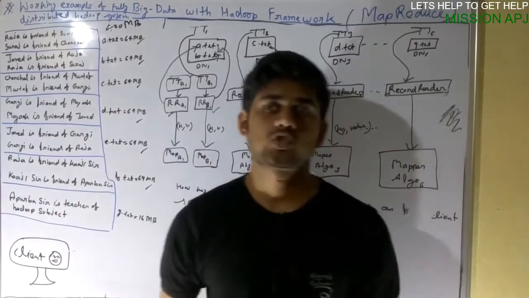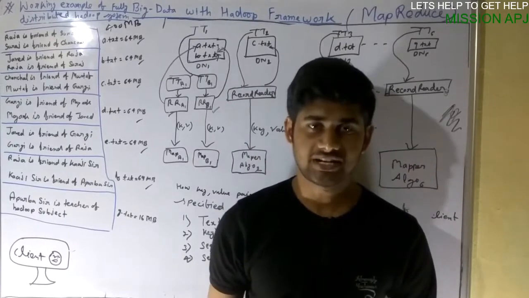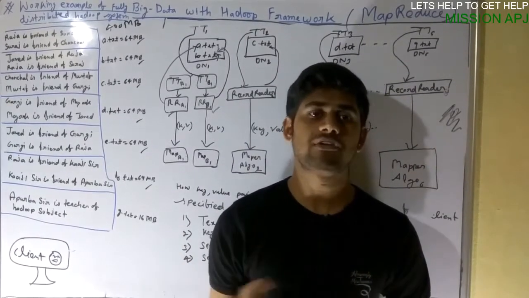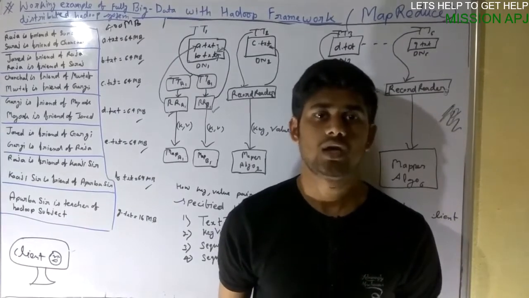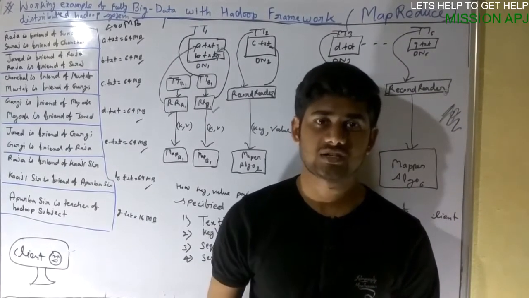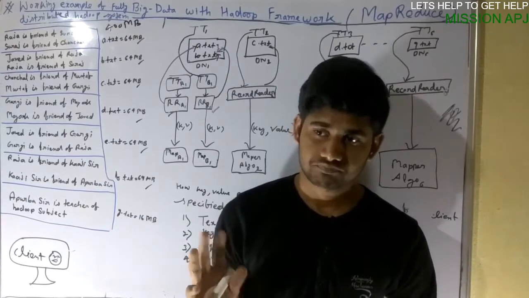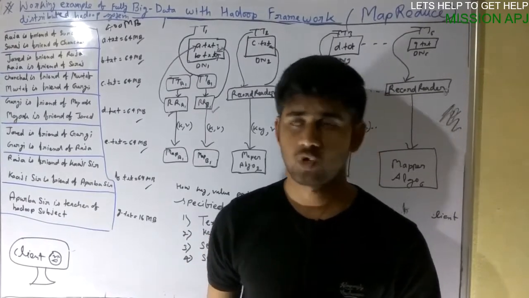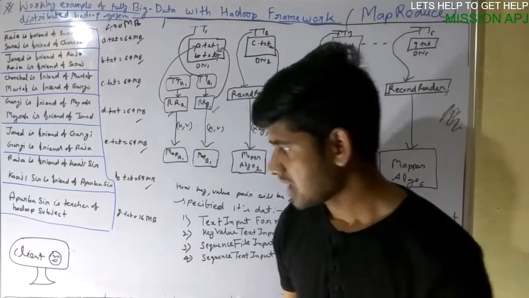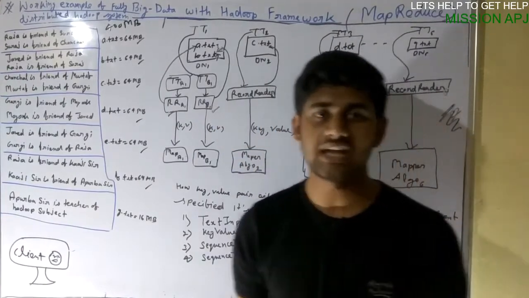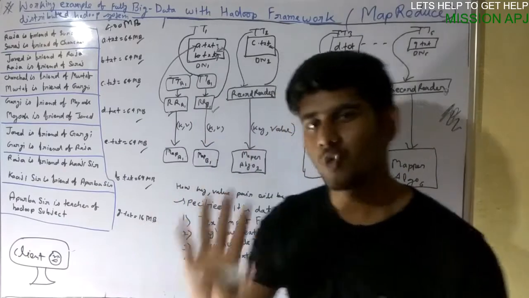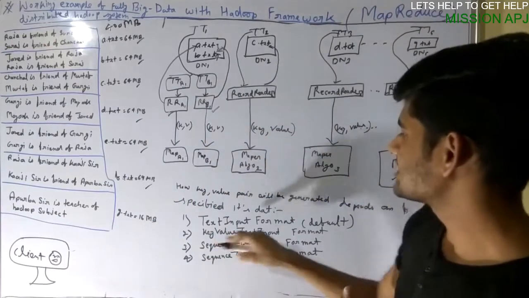Now as we have understood what type of key will be generated and in what terms the key comma value pair will be generated, it depends on the type of file specified by the client while sending the data. The types of files a client can specify are four.